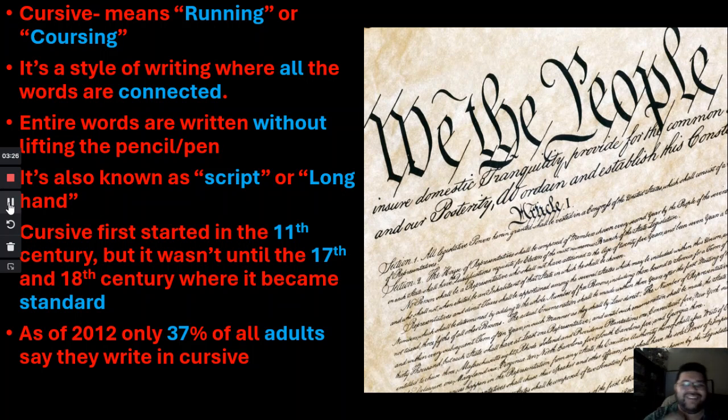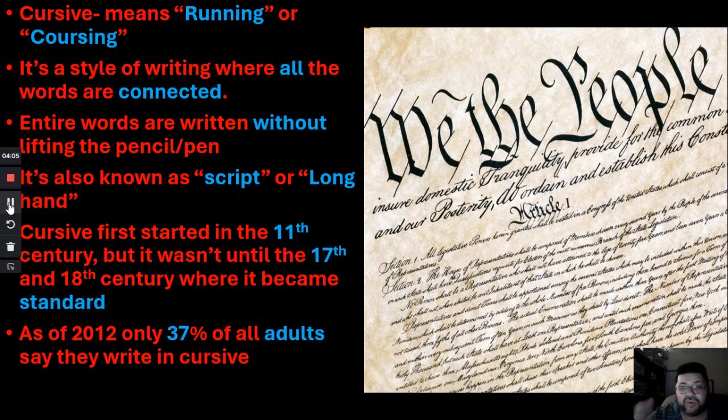Here's something I found pretty interesting. A lot of young kids think that cursive has been the way to write for thousands of years, since the days of the Romans. No, guys. Cursive started in the 11th century, but it really wasn't a standard way to write until the 17th and 18th century. The preamble to the Constitution wasn't written until the 1770s.